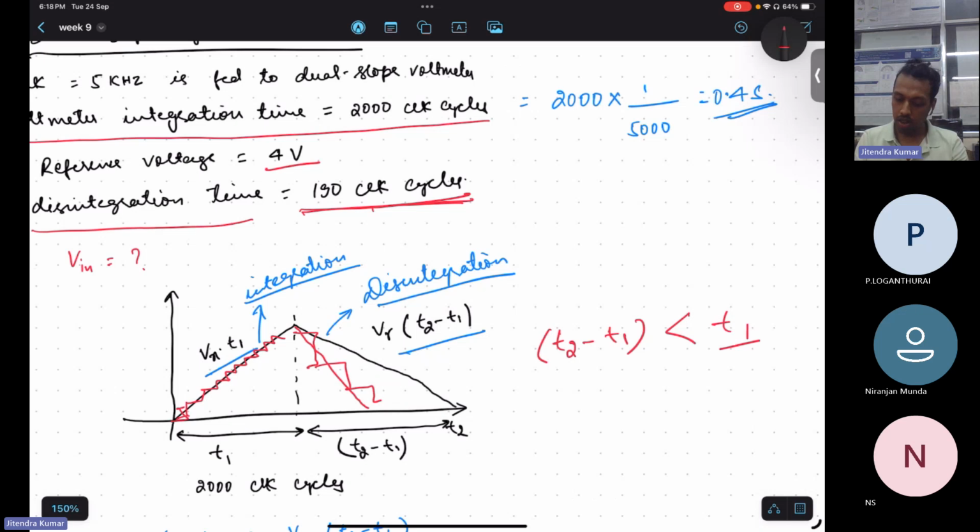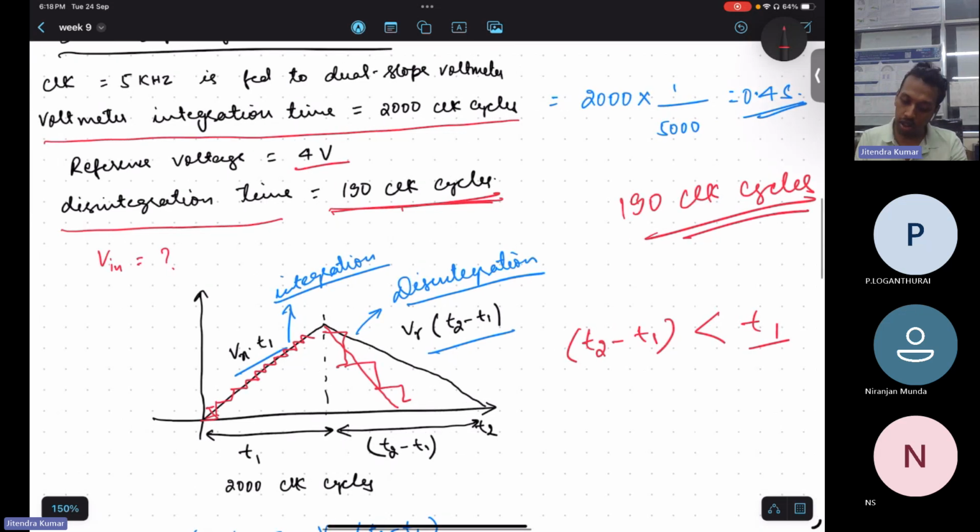Since the steps are larger, these 190 clock cycles would not give you the resolution of this circuit. Why? Because resolution is the smallest value that could be detected, and the smallest value is detected with the help of the 2000 clock cycles.